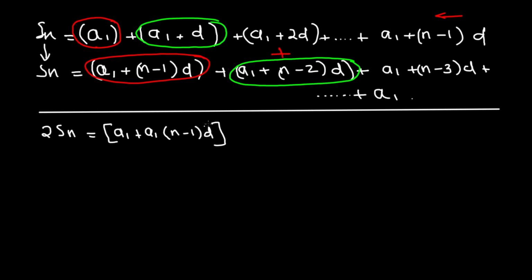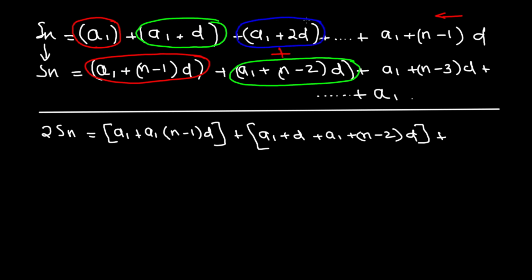What does it give us? That one will give us A1 plus d, then plus A1 plus n minus 2 d, like that. Then we're going to add the next terms, which is the third. It will go with the third last.